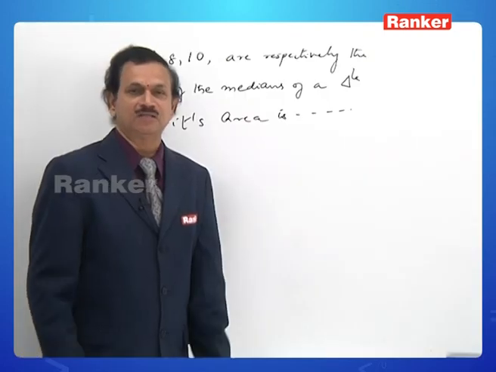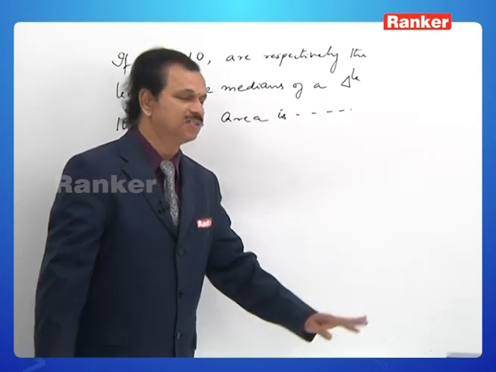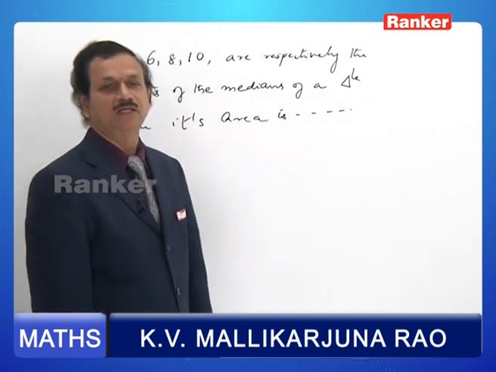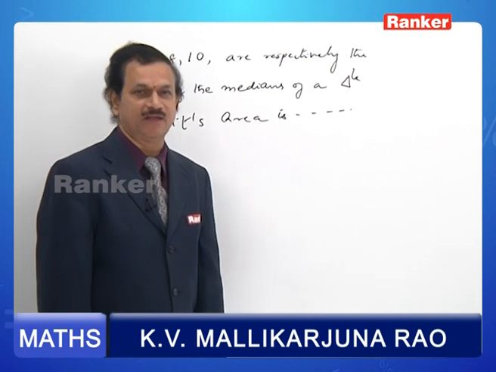We are not given the sides, we are not given the angles, nothing has been given. We are just given the lengths of the medians only. We are supposed to find the area. How to get that area?